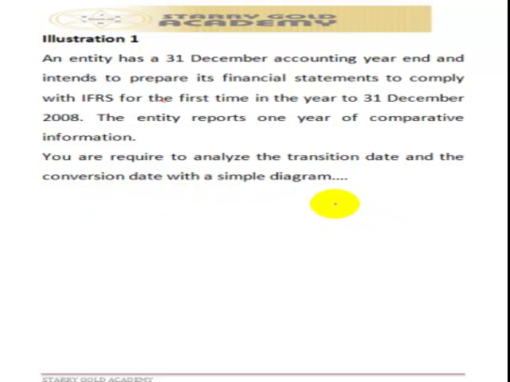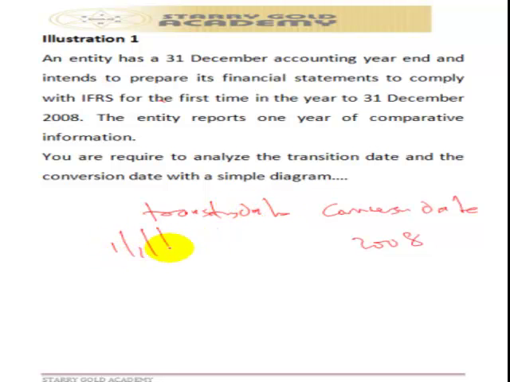This is how it goes. Conversion date is 2008, but transitioning date is 1st of January 2007. That means that's the period where the comparative account will be prepared.